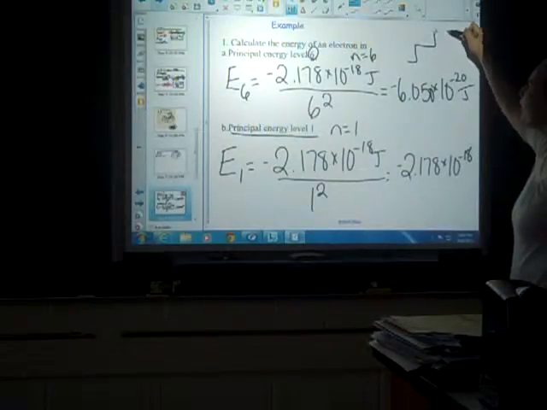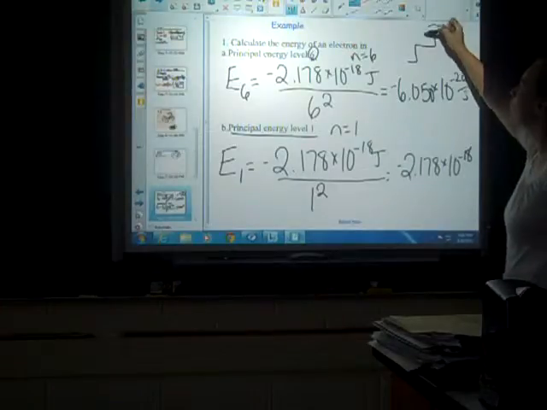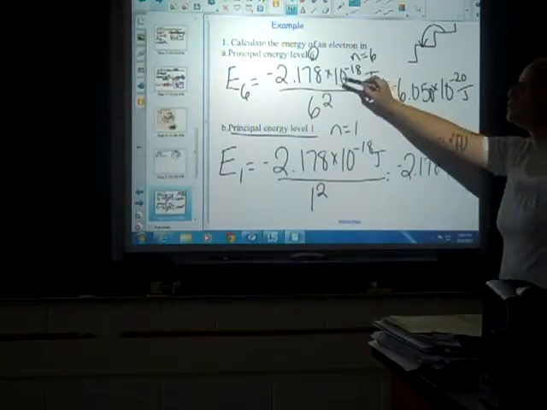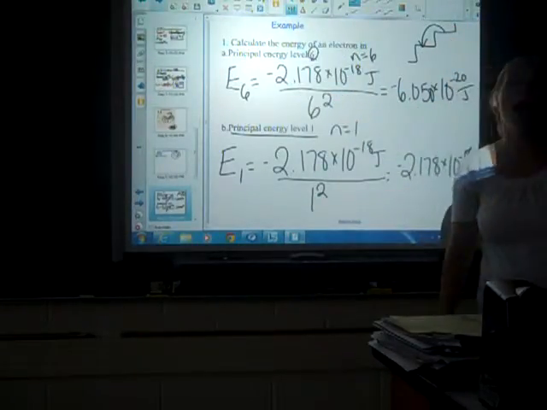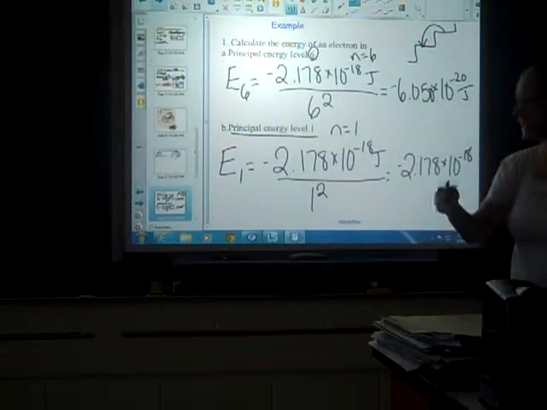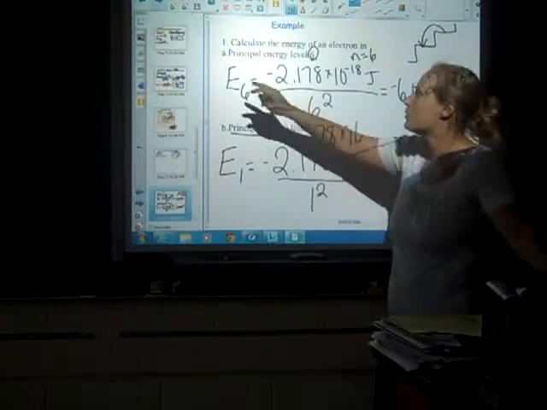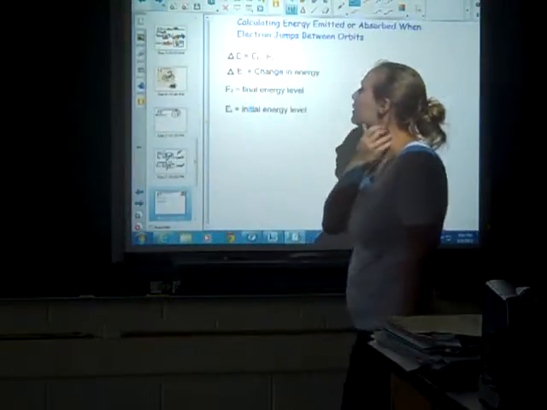Essentially, this is telling me how much those staircases are worth, how much energy. So when an electron jumps from stair 3 to stair 2, or from stair 6 to stair 1, I can figure out how much energy is released, and then I can correspond that to a frequency and then to a wavelength. Okay? So let's do our last little part to this.